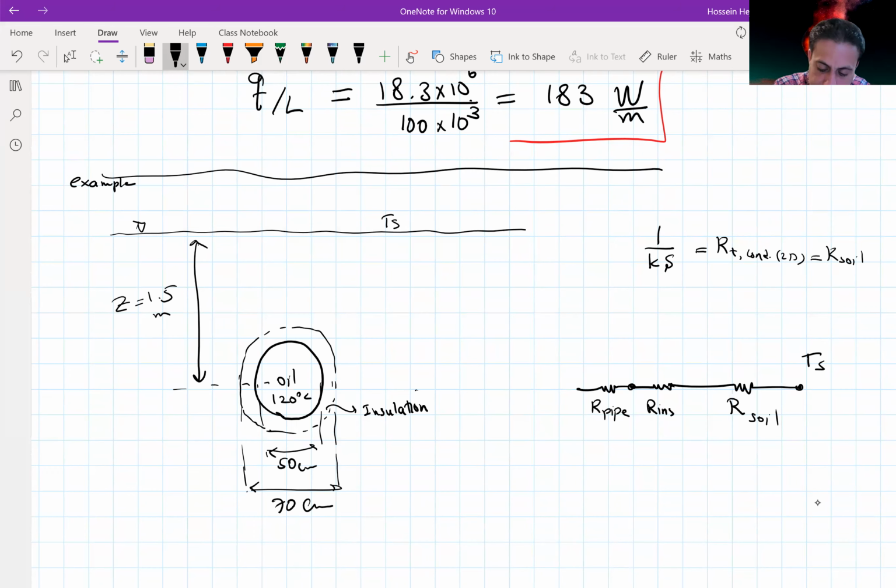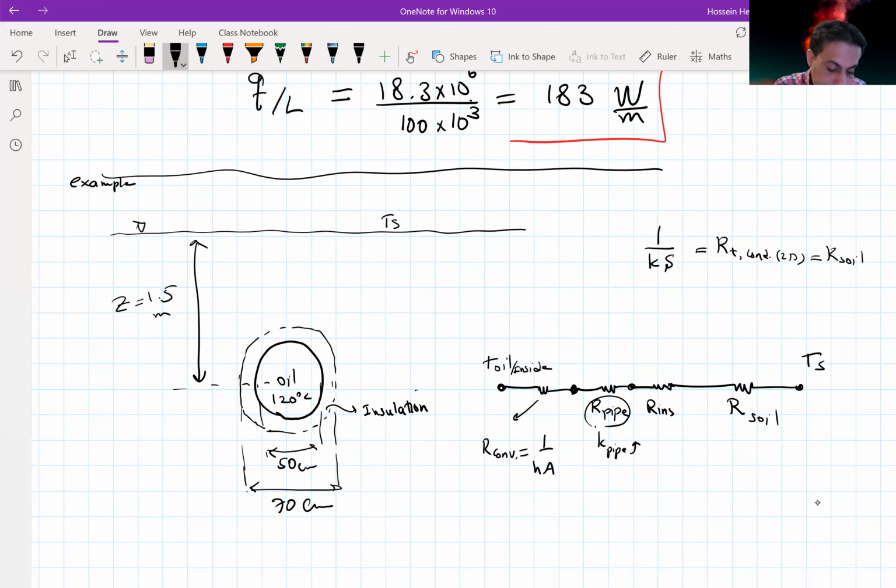But if we assume the K of pipe is high, this resistance wouldn't exist here. And then we can have, this is T of oil inside the pipe. And this can be the R convection inside the pipe, which is 1 over HA.